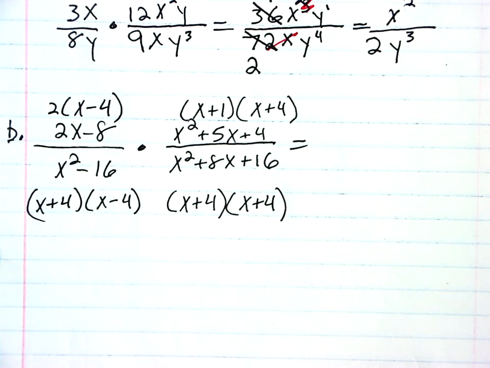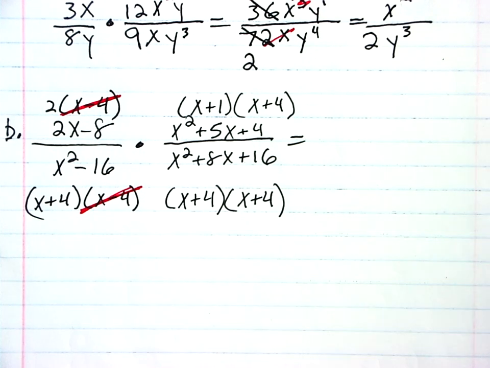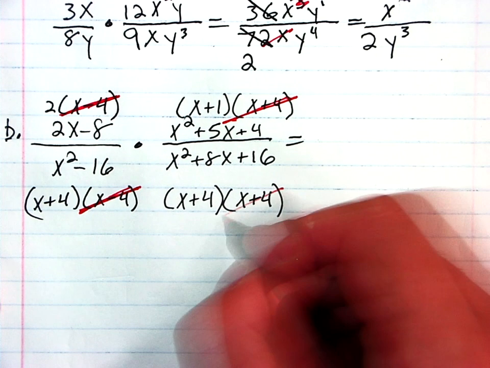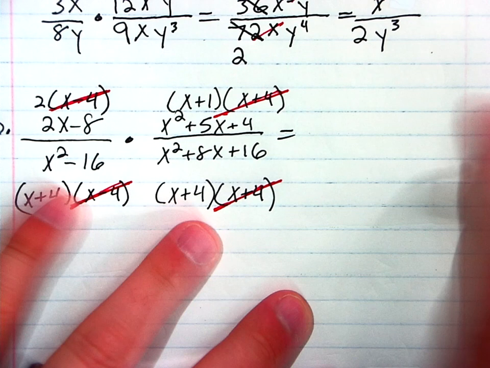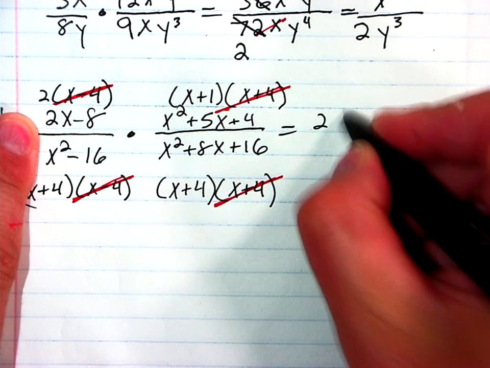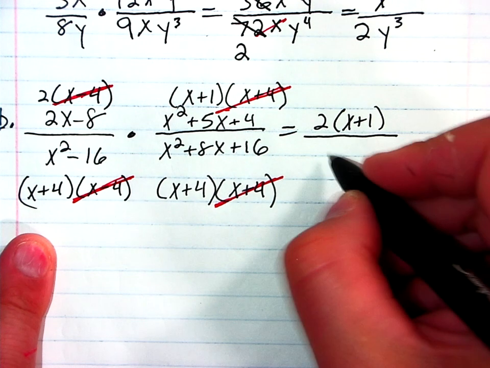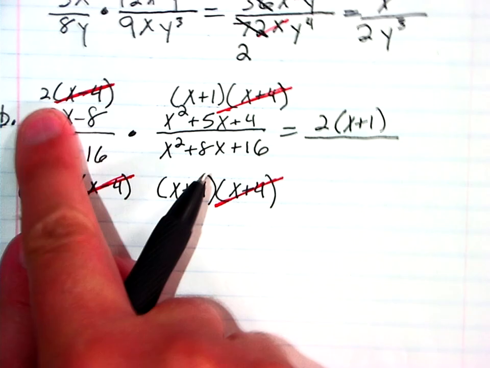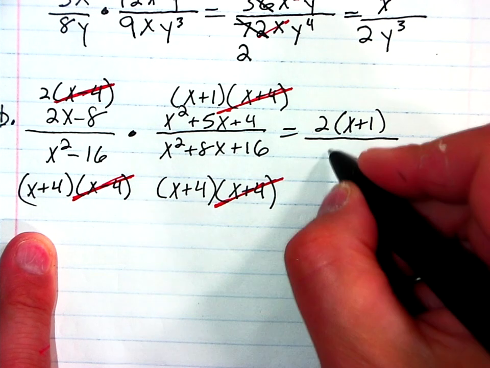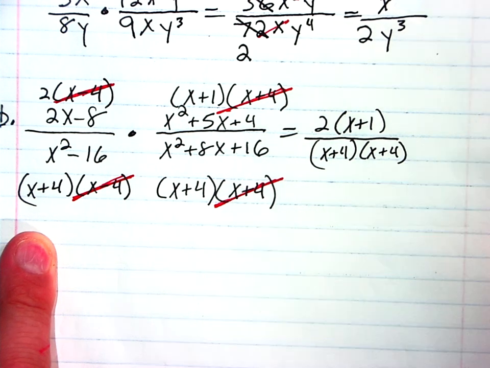All right, is there anything we can get rid of? The x minus 4 and the x minus 4. We have an x plus 4 and an x plus 4, and I believe that's it. So what is left? 2 times x plus 1 over x plus 4, x plus 4, or if Kate you want, you can do x plus 4 squared.